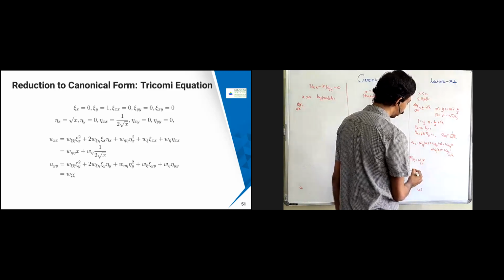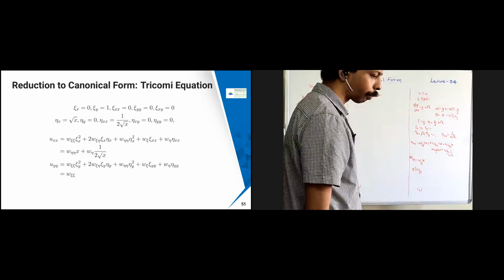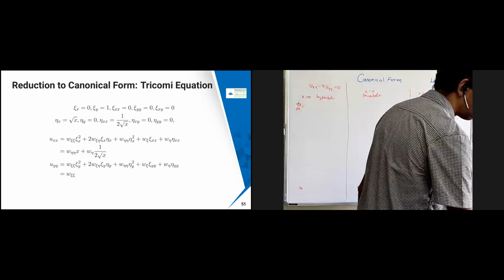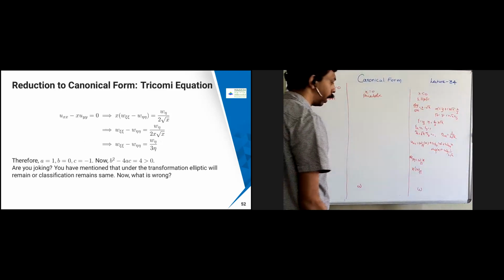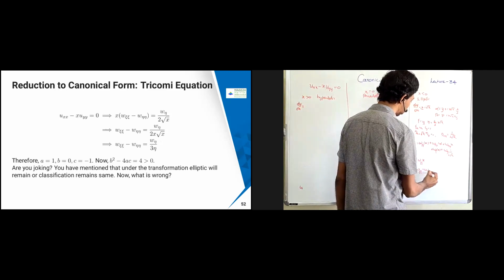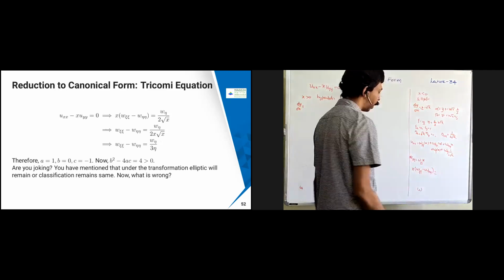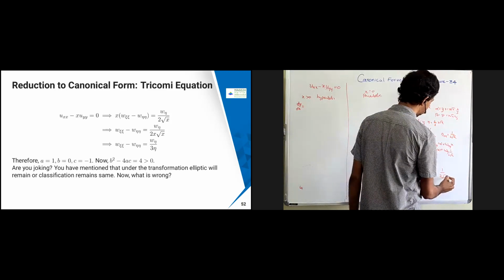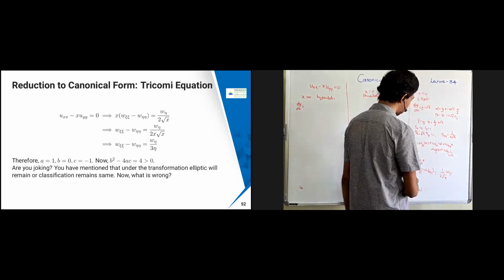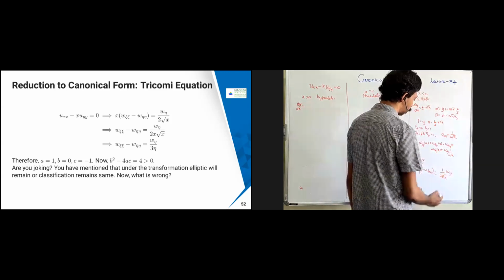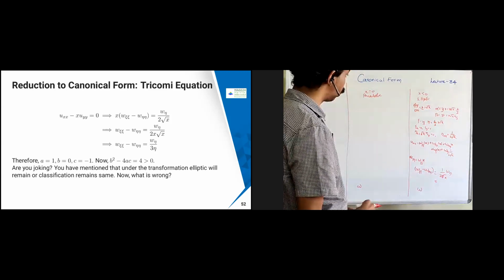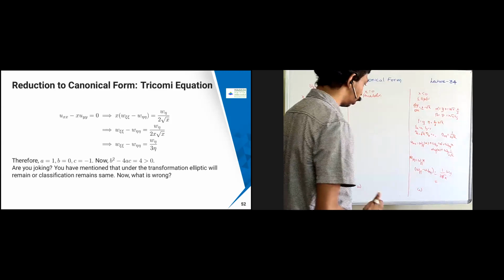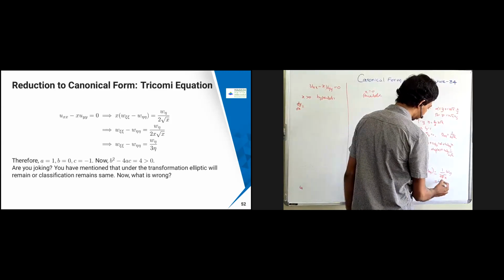So w xx into w chi chi, okay, w chi chi minus w eta is going to be there, okay, w eta equal to 1 by 2 root x into w eta is going to come. Then I can bring this over here, x root x is going to come. Then what is my x root x? X root x is nothing but 2x root x is nothing but 3 eta. Okay, so that's what this is going to be like w eta by 3 eta.